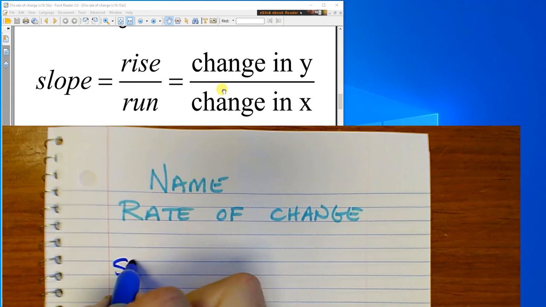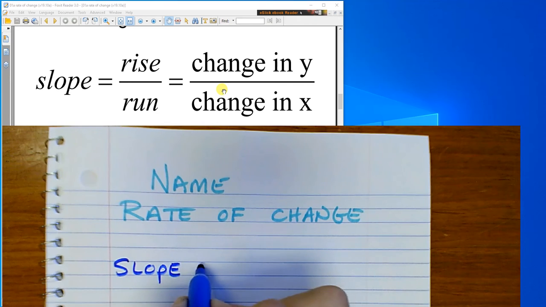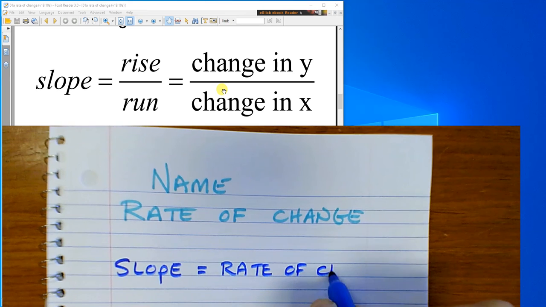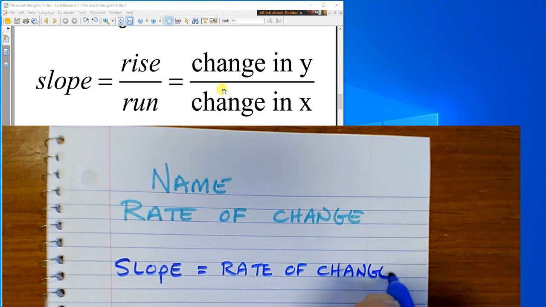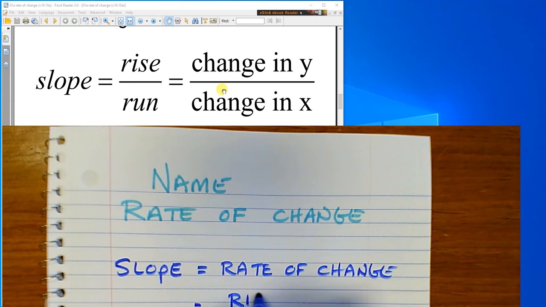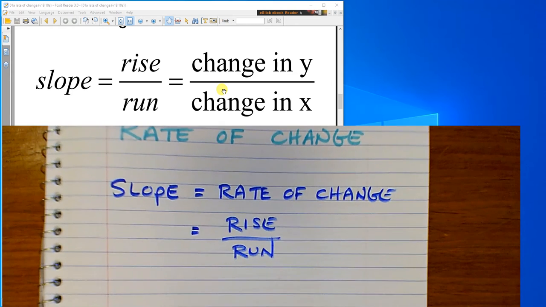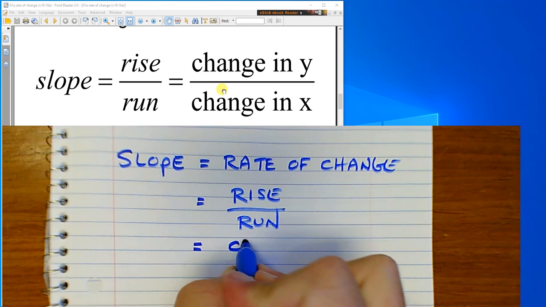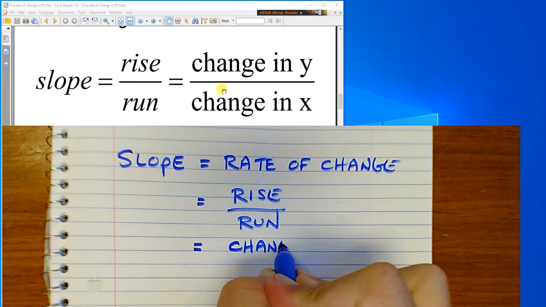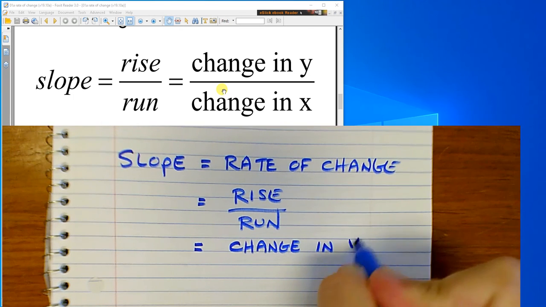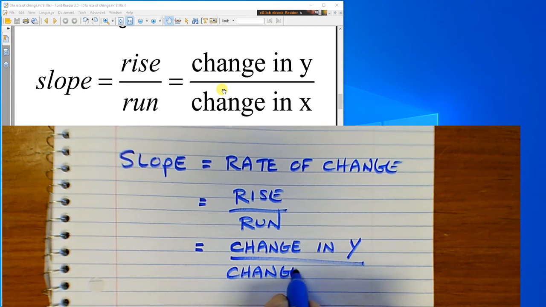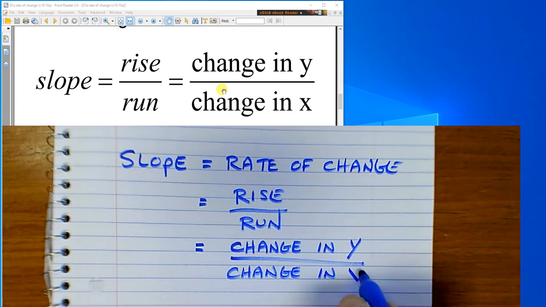So slope equals rate of change, which equals rise over run, which equals change in y over change in x.